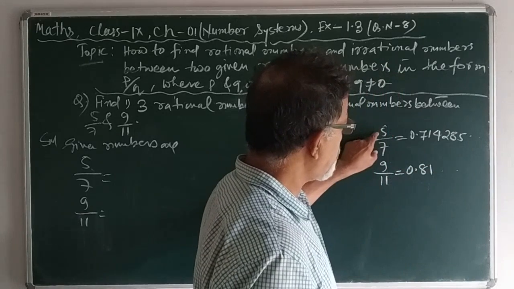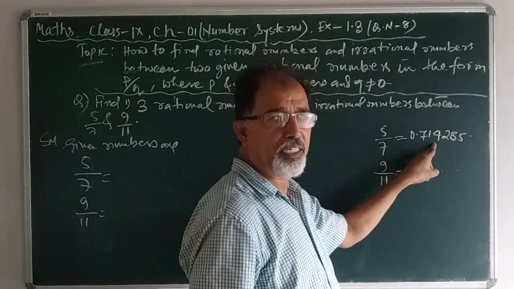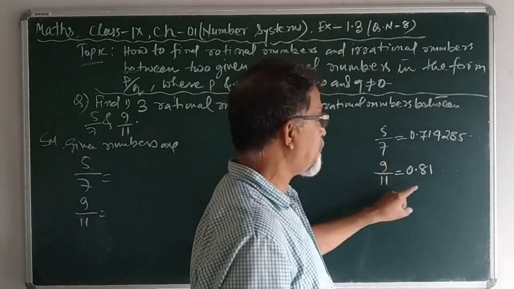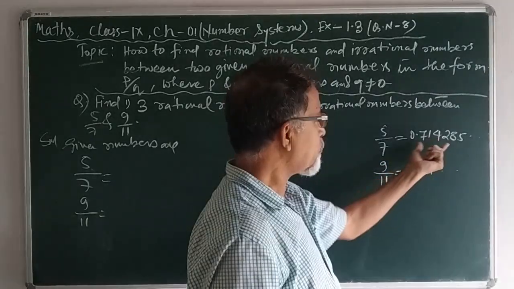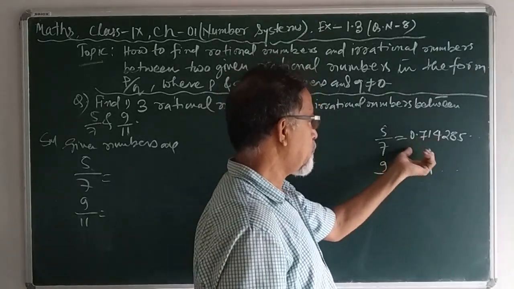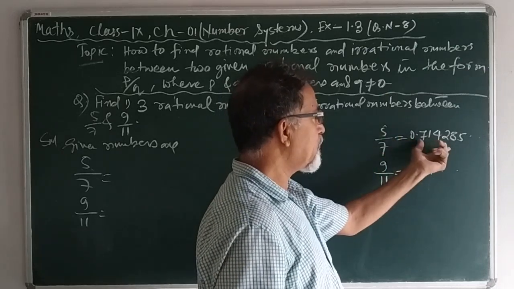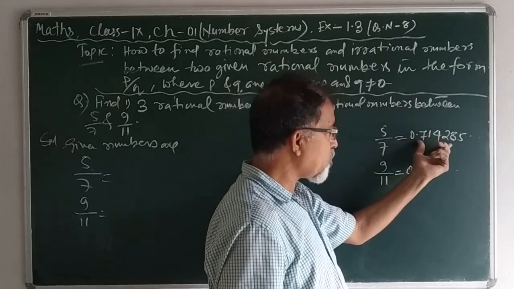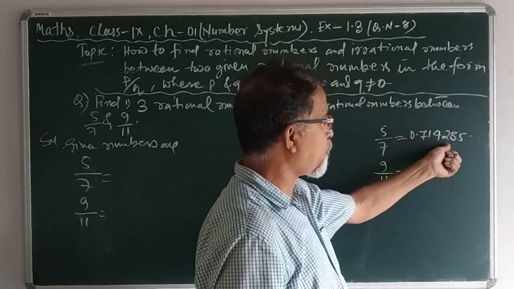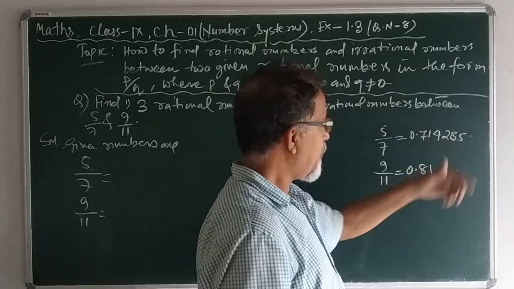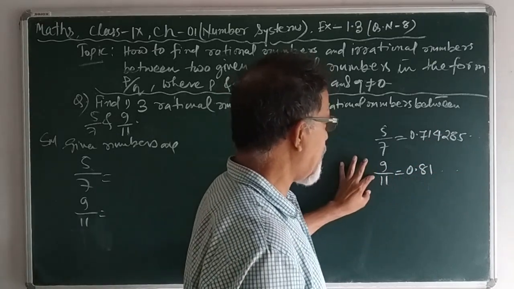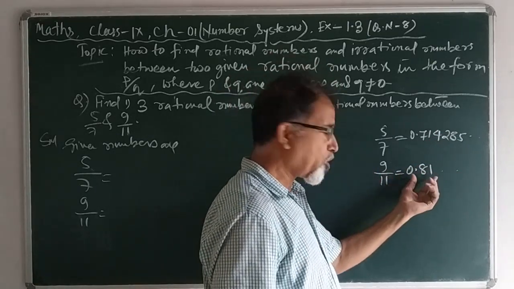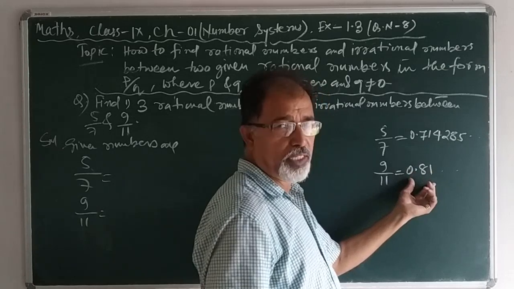Here 5 by 7 has a non-terminating recurring decimal expansion. 9 by 11 also has a non-terminating recurring decimal expansion because in the quotient of 5 by 7, a block of 6 digits, that is 714285, repeats, and in the decimal expansion of 9 by 11, a block of 2 digits, that is 81, repeats.